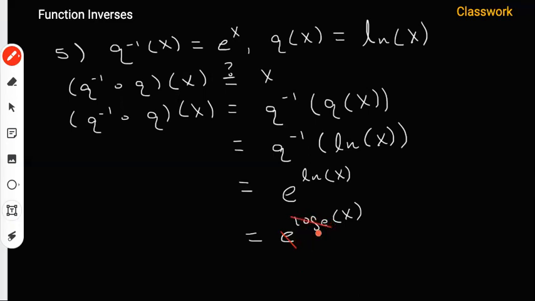Those two bases cancel, and I'm left with x, which verifies that these two sides are equal. So now I can get rid of the question mark. Okay, so that's function inverses, and I hope that helps you on the classwork.